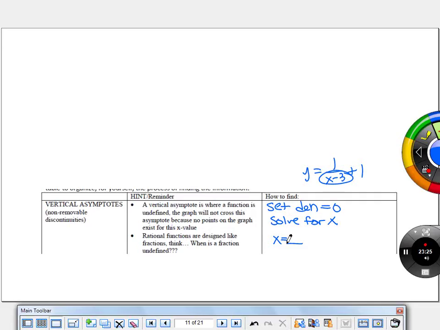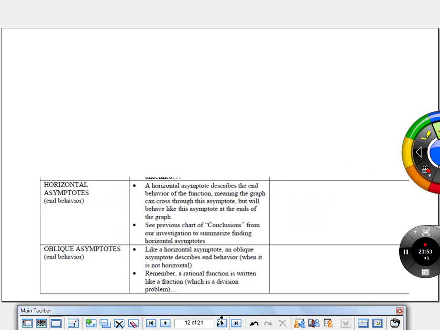These are called non-removable discontinuities. Discontinuity is in their name because the graph doesn't cross them, so you have to pick up your pencil to finish drawing the graph. They make the graph discontinuous. Why they're called non-removable, we'll see when we talk about holes in a minute. If there's a non-removable one, there must be a removable one.